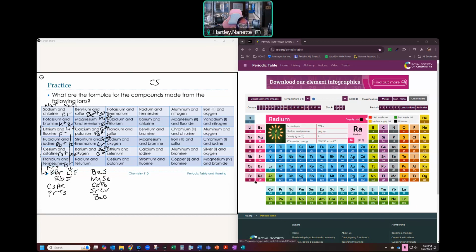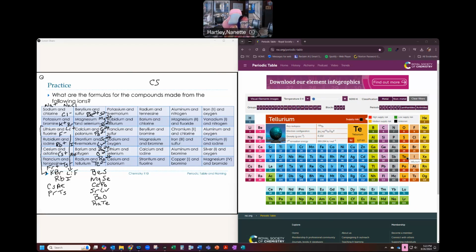He's going to be a 2+. And tellurium. So tellurium is this guy right here, Te, and he's going to be a 2- as well. So RaTe. Awesome.